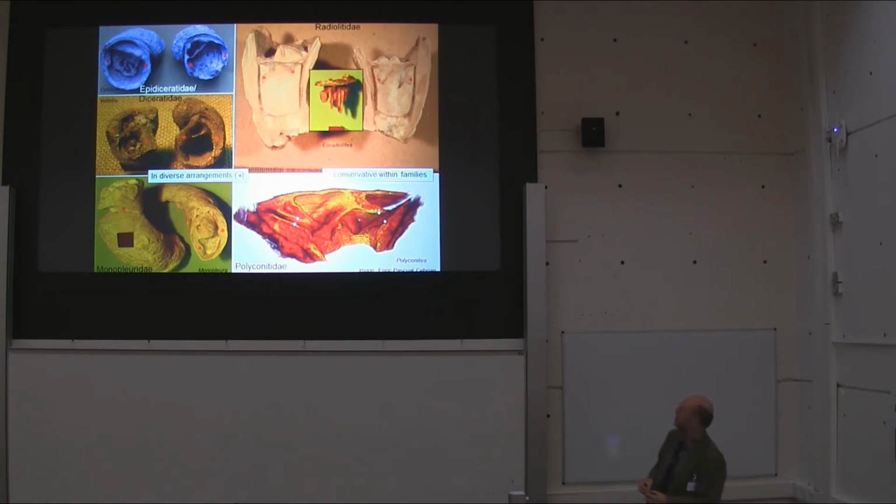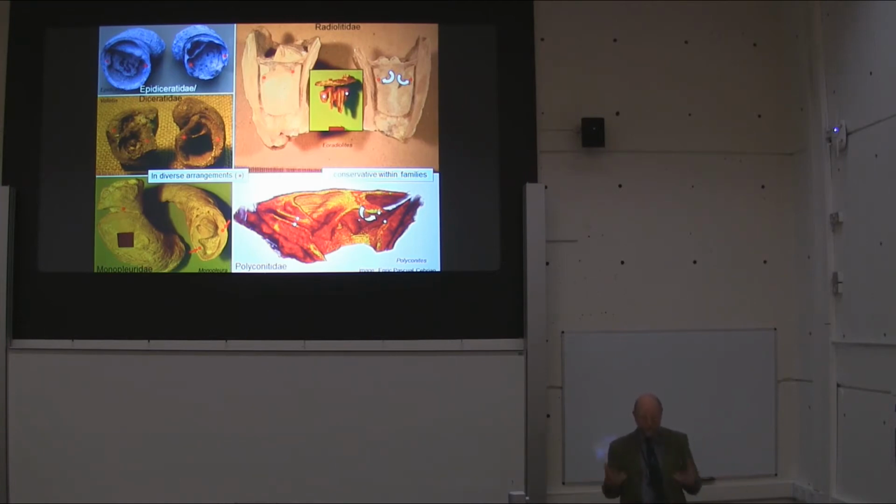And that trend reaches its most extreme point in the radiolitidae, illustrated in the top right of the picture there, where the myophores of the left valve have rotated right round like that and face outwards onto the inner wall of the lower valve, the right valve, which is the lower valve. Like that, okay? And then finally here we have another kind of rearrangement of the myophores in the Palaeontological.